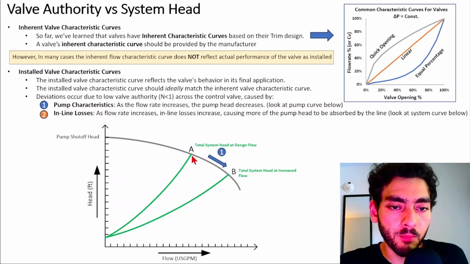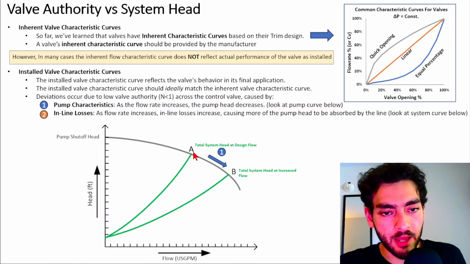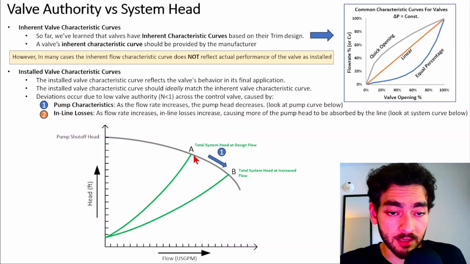And so the operating point is where the system head curve intersects with the pump curve. And we already know that, and we've solved the case study together.